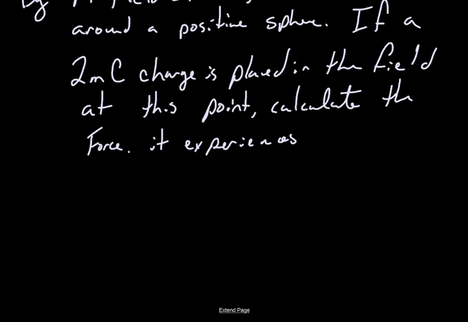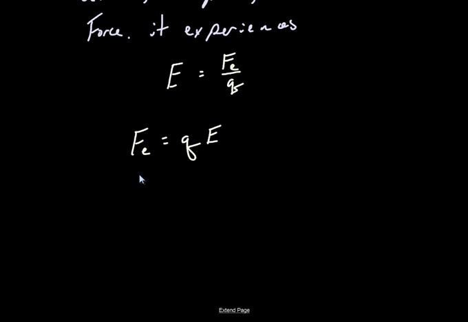Check this out. So we know that the strength of the field is going to be measured in force per amount of charge. We're interested in force, so we could say that we want Fe equals Q times the field strength.